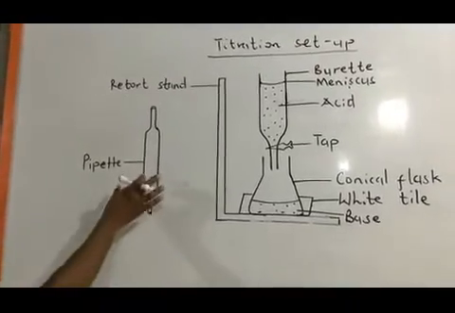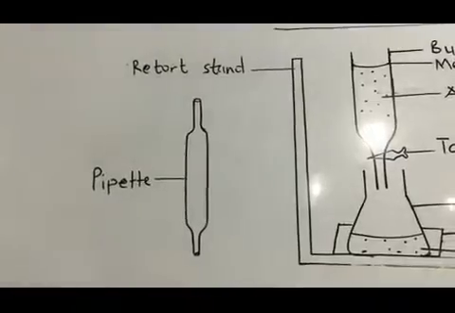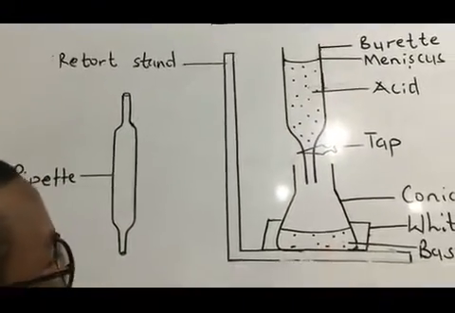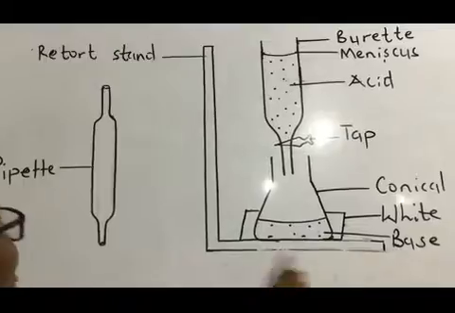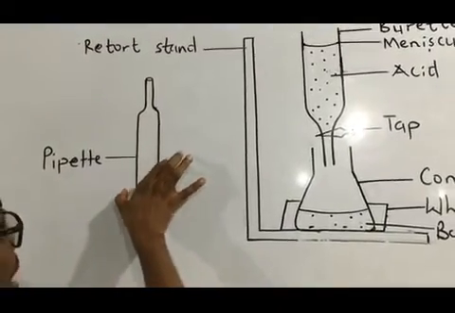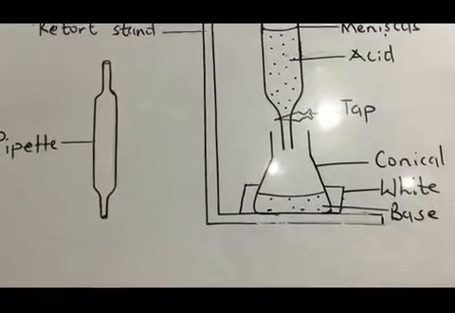Now, what's the use of this pipette? The pipette is what is used in taking and transferring the base into the conical flask. So this base was pipetted, or taken by the pipette, before it was transferred into the conical flask.